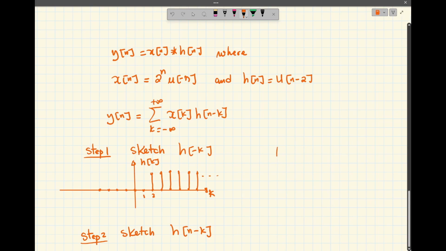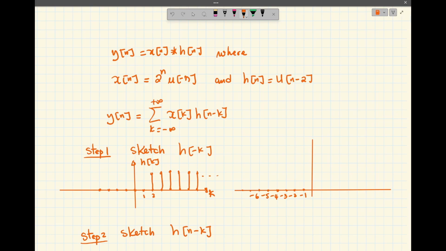Now I'm going to sketch h of minus k. When we do the time reversal of h, h of negative k is the time reversal.